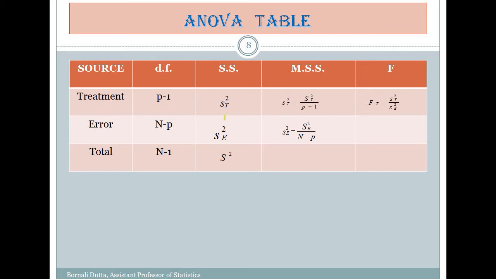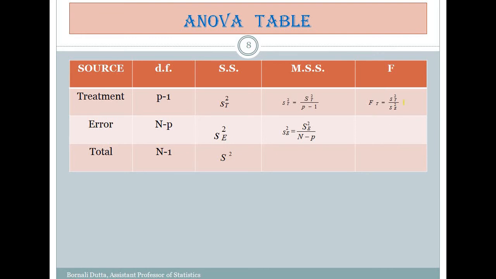Next, we have to calculate the F statistic. F statistic is calculated by dividing the mean sum of square due to treatment by error mean sum of square.